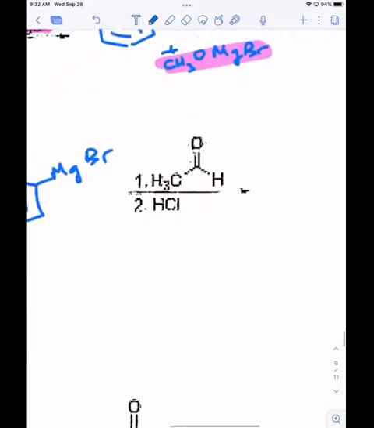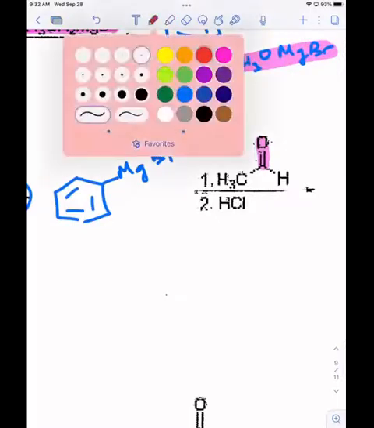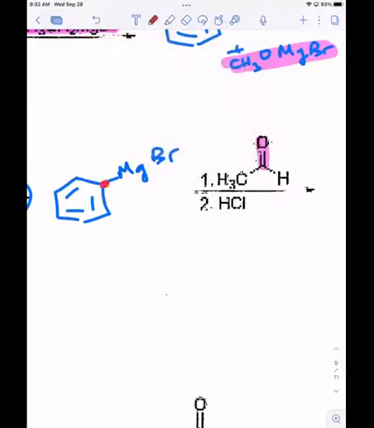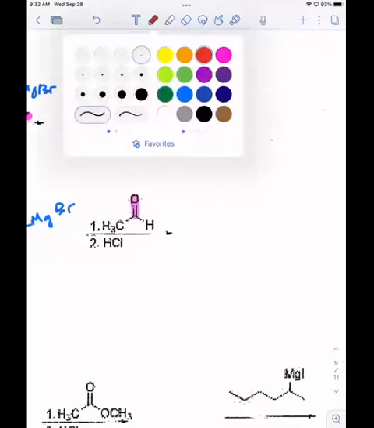Okay, so what carbon in the Grignard is going to attack the carbonyl carbon, right? It's going to attack right here at the carbonyl. Which carbon in the Grignard is going to do that? The one attached to the metal. Yes. This one. Right? So in the alcohol, in the product, I'm going to see this here.